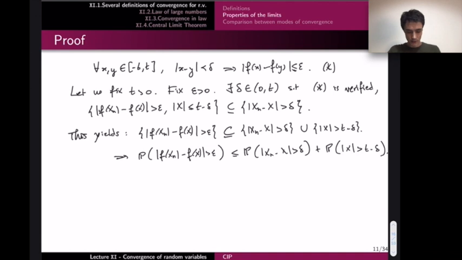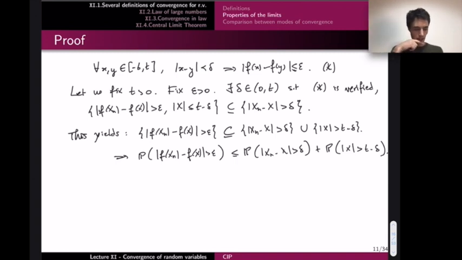If you look at the order in which I choose the quantifiers, at first I fix t and epsilon independently, and then I find delta, which is related to both t and epsilon, so delta depends on t and epsilon.